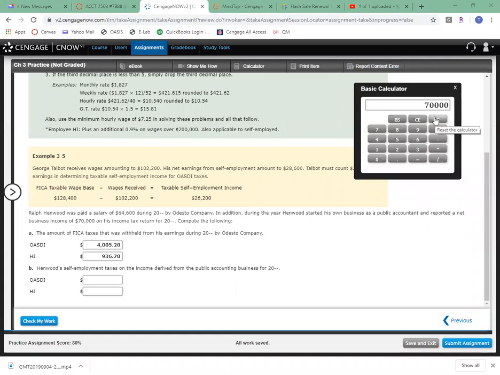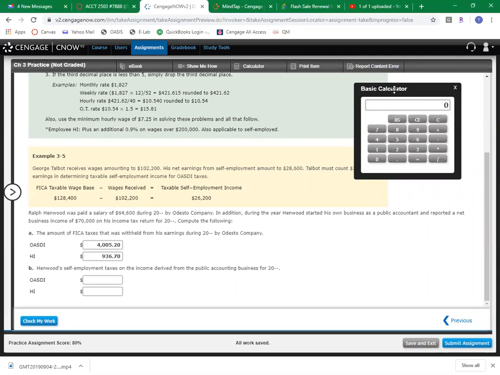I'm sorry, I misspoke there. Obviously, that takes us back to the 70,000 and gets us really nowhere. So what I want to do is take the tax limit of $128,400 and subtract out what we've already taxed him on, that first salary, the $64,600. So we know he still is going to owe OASDI taxes on $63,800 wages.